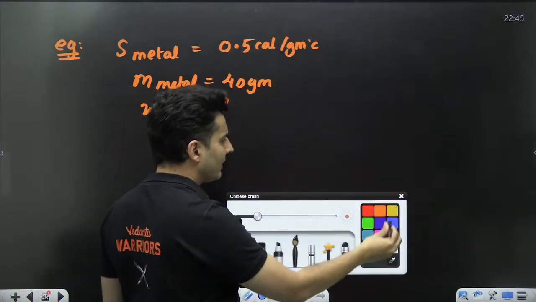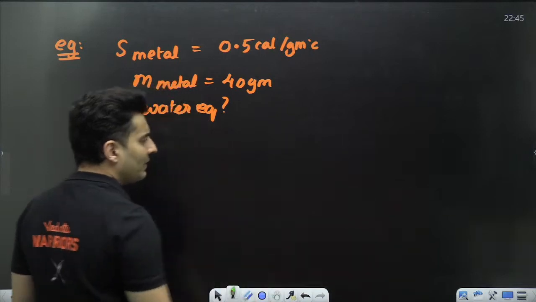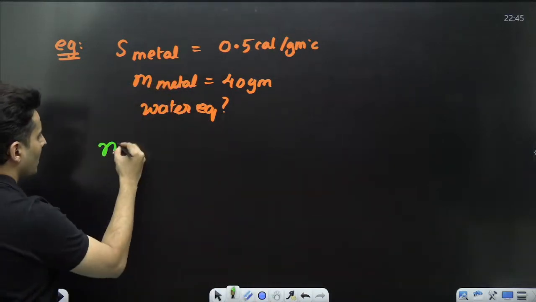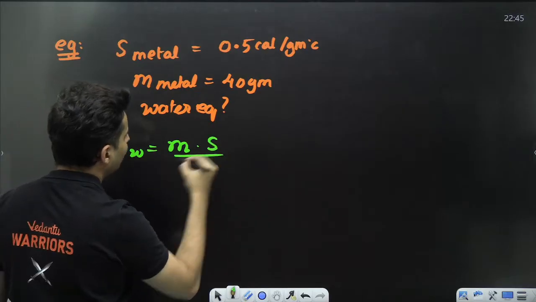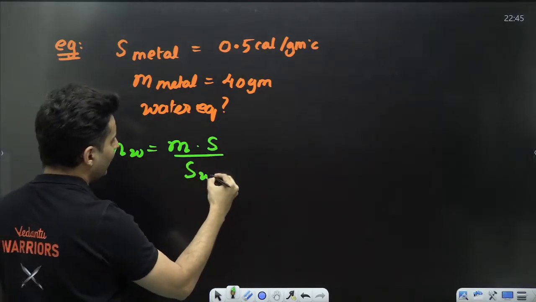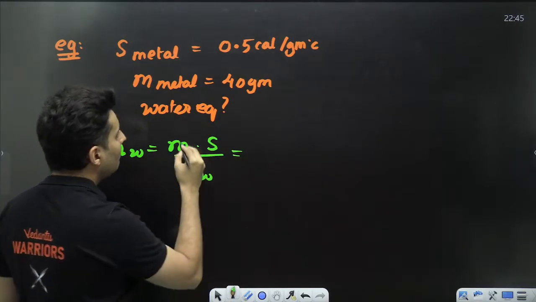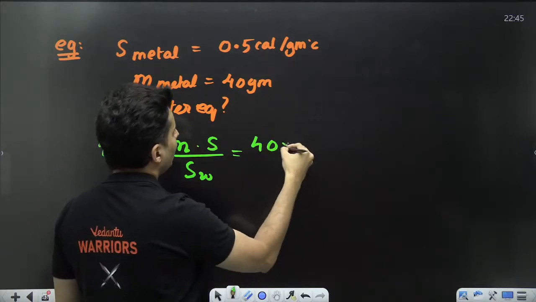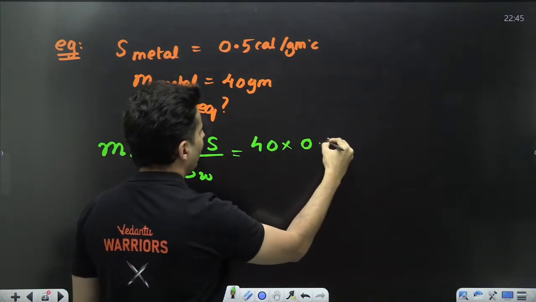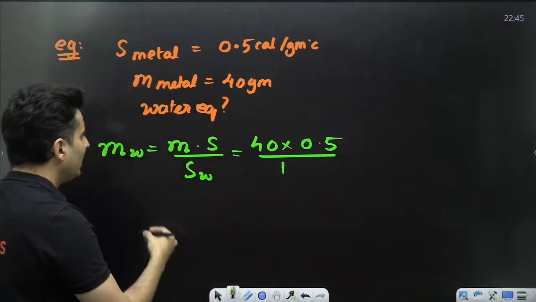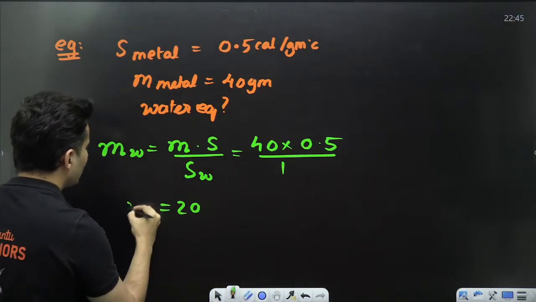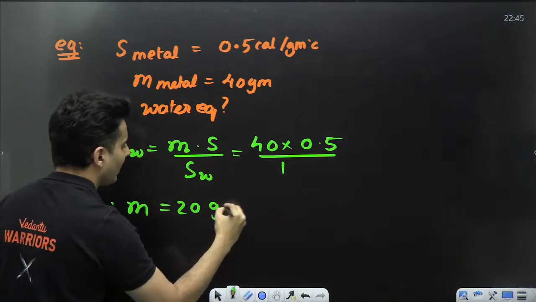Calories, grams is okay. What will we do? Use the formula. Mass of the water equivalent is mass of the object times specific heat capacity upon specific heat capacity of water. Mass of the object 40 into specific heat capacity 0.5. In SI units, this is 1 only. So 40 into half is 20. So that is 20 grams.